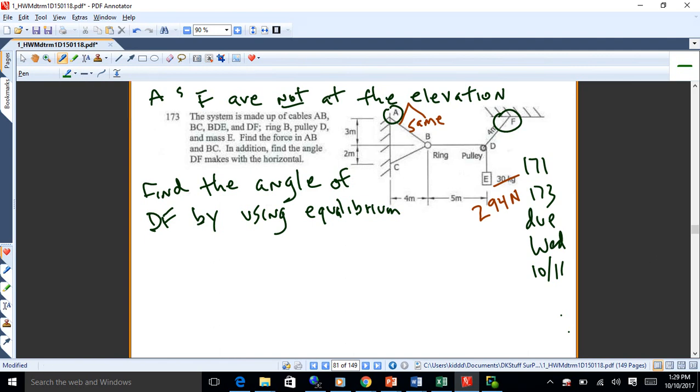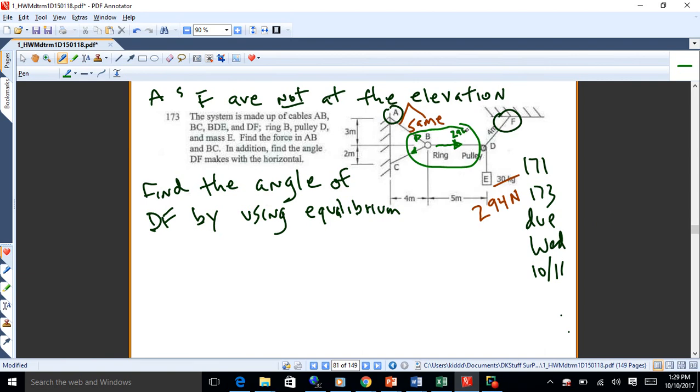All right, and then what you do is you run that around the pulley, because you want to draw a free body diagram of the ring to solve this. There's too much stuff going on there to include everything in your free body diagram. So I would make my free body diagram look like that, okay? So it becomes very similar to the previous one, at least the basic solution of this.